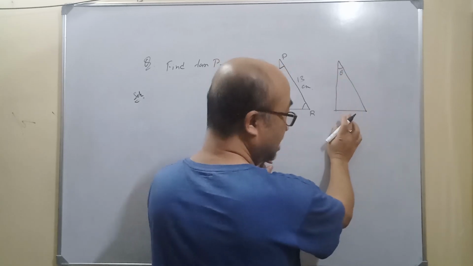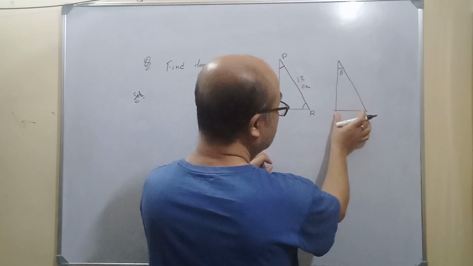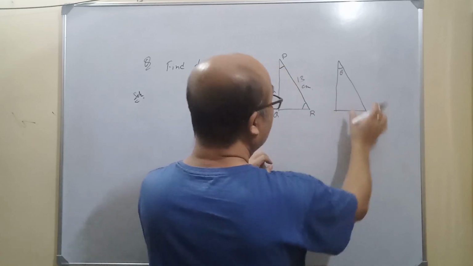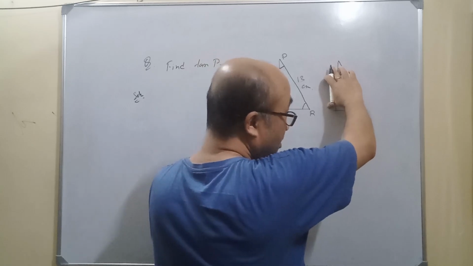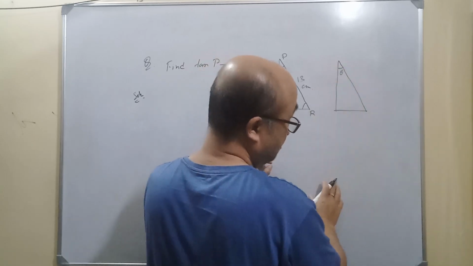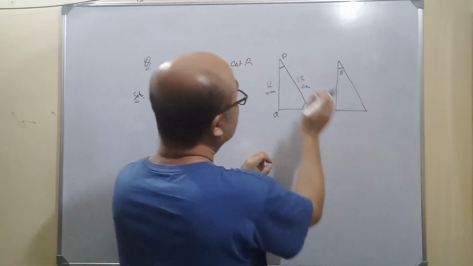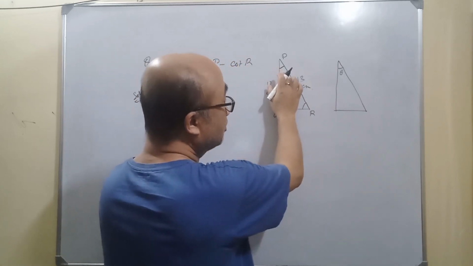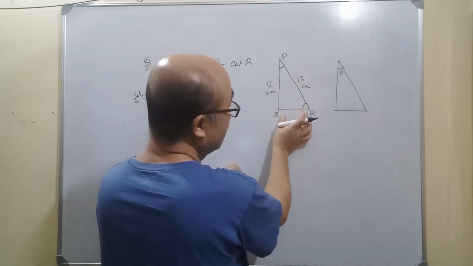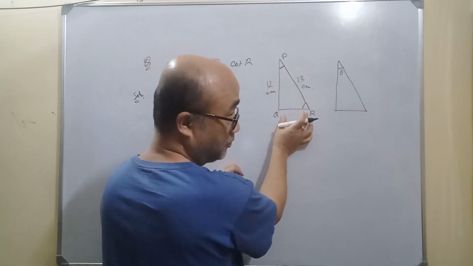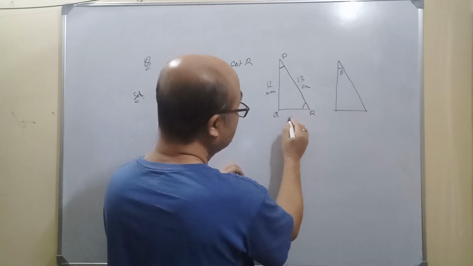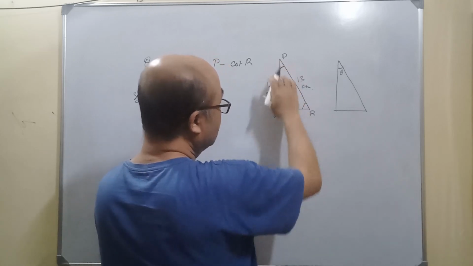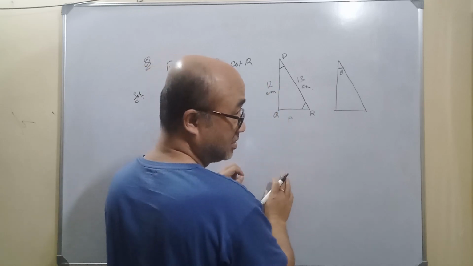Then the opposite side should be taken as perpendicular, and the adjacent side will be taken as base. So for this angle, the opposite side is QR, the perpendicular, and the adjacent side is PQ, the base.